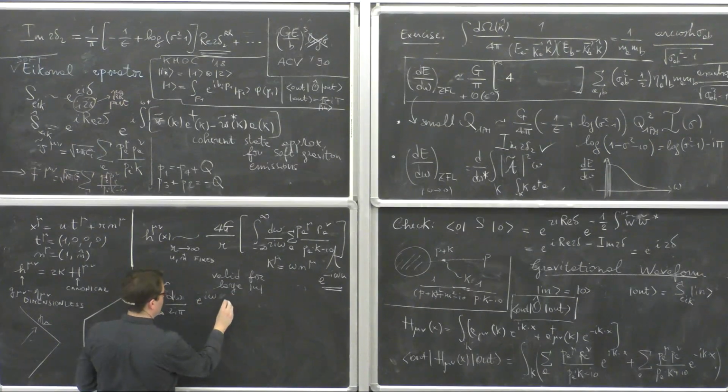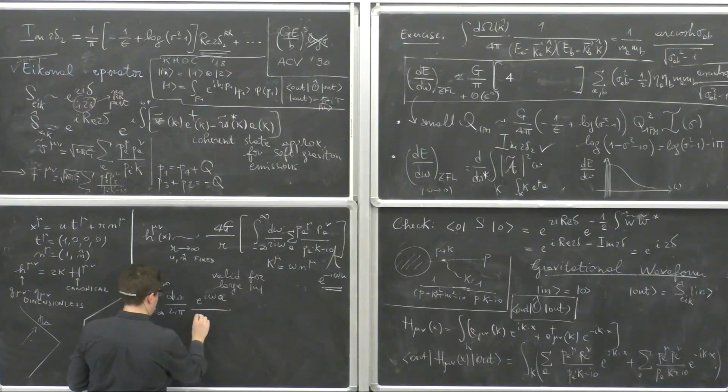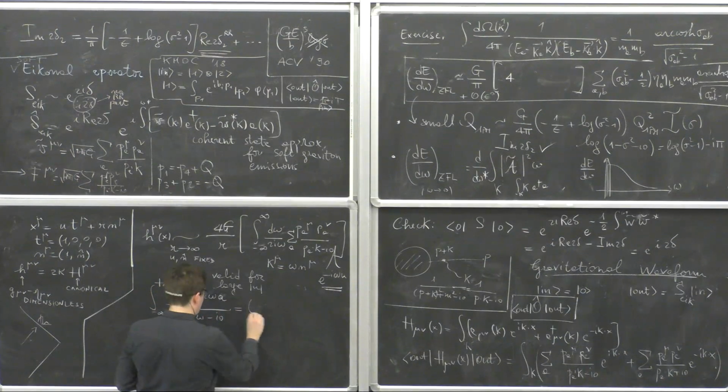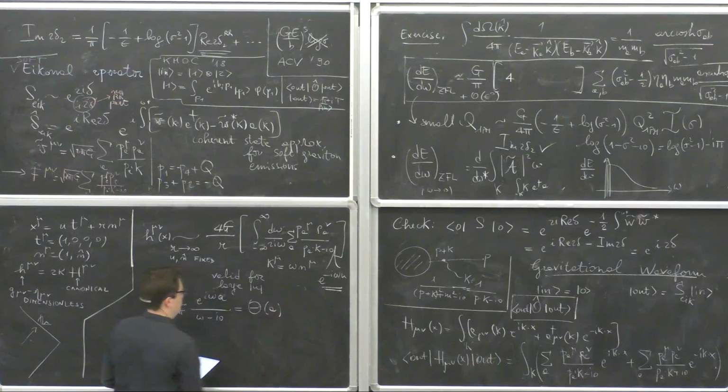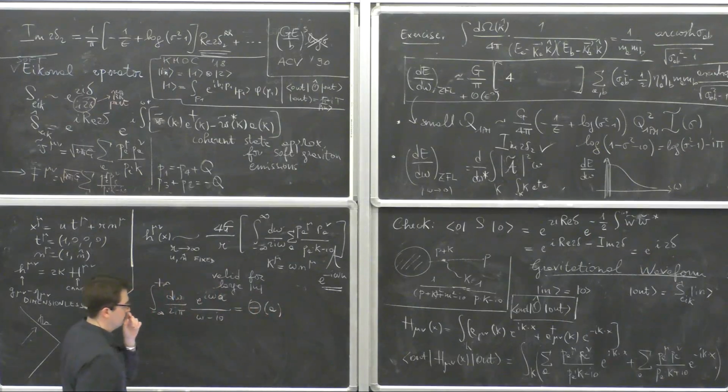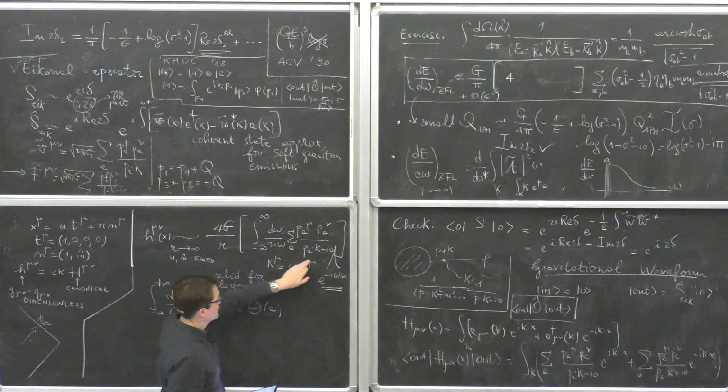Omega, well, let me call it A. This is theta of A, right? And you can go into more detail on these steps. I wanted to be a bit quicker in order to actually discuss the result before concluding the lecture.